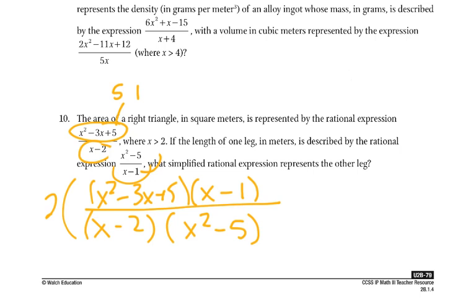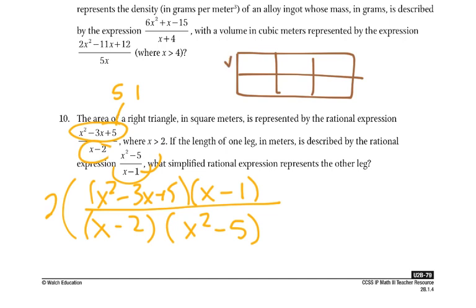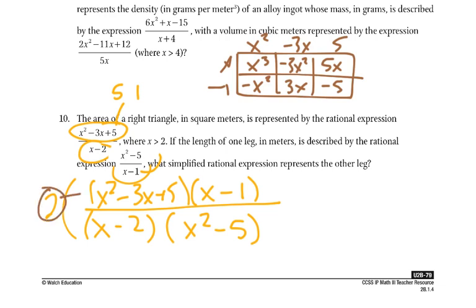So the first one, we're going to have a 3 by 2. So x and negative 1, x squared, negative 3x, positive 5, x cubed, negative 3x squared, 5x, negative x squared, positive 3x, negative 5. And all that's basically being times by 2.